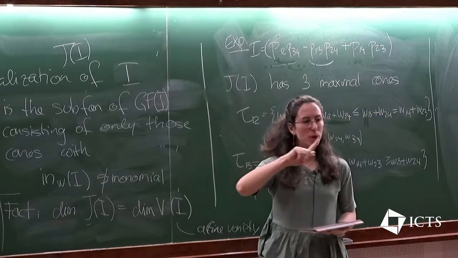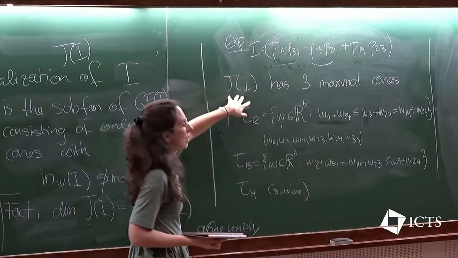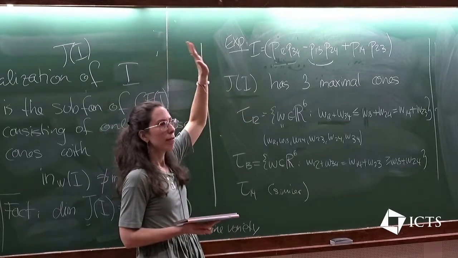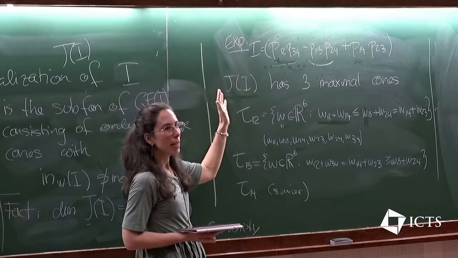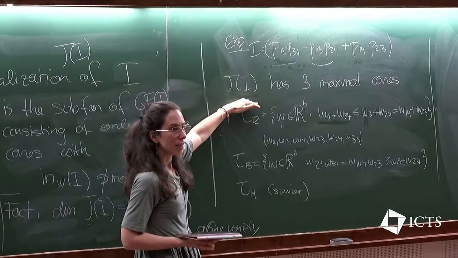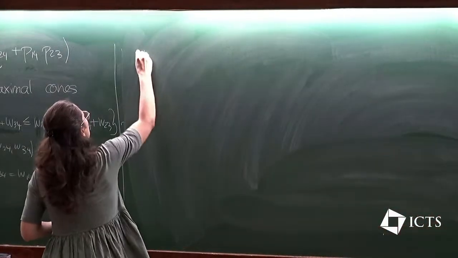I want to give you one more definition of another subfan inside of the tropicalization that has to do with positivity. So as much as we have a notion of positivity on the varieties, we also have a notion of positivity in the tropicalization. And for that, I need the following.